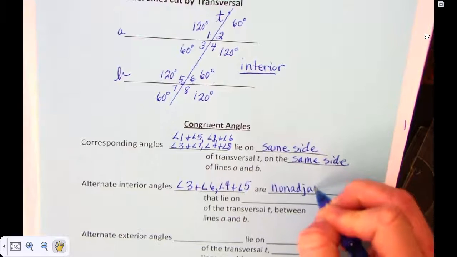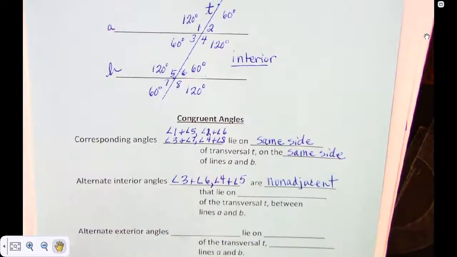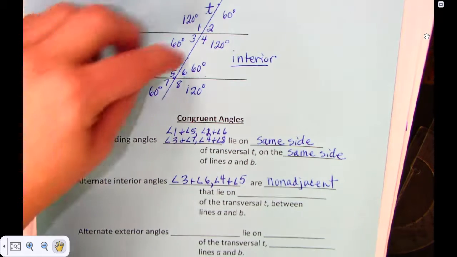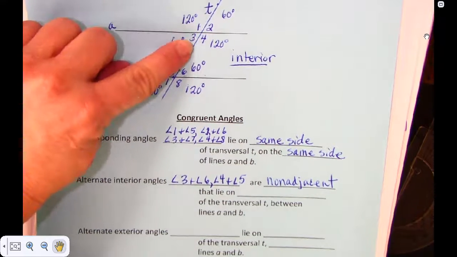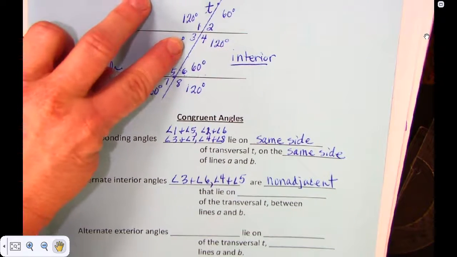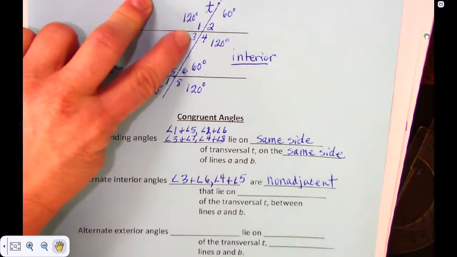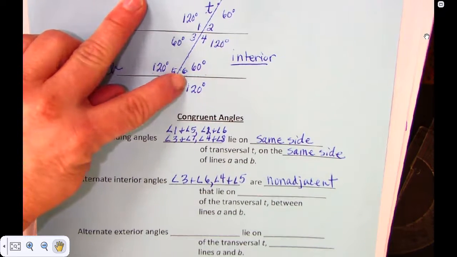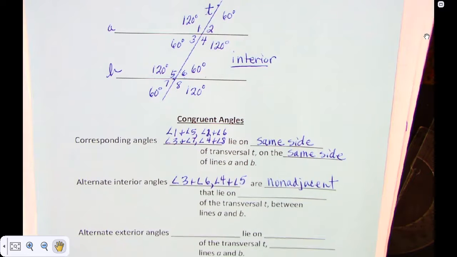Non-adjacent. Guys, if you sit by somebody right beside them or your house is right beside them, you're adjacent to them. But if you're non-adjacent, that means you're not beside them. 3 and 4 are adjacent angles. But 3 and 6 are non-adjacent. They're not side by side. They're non-adjacent.